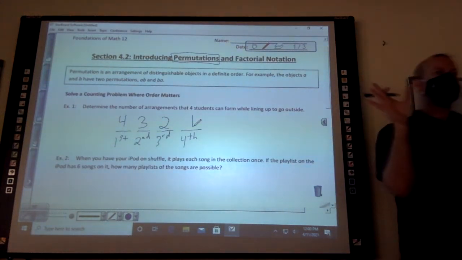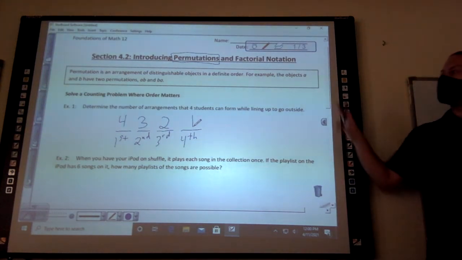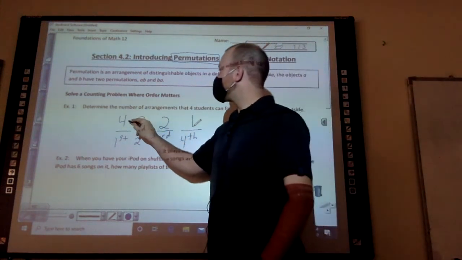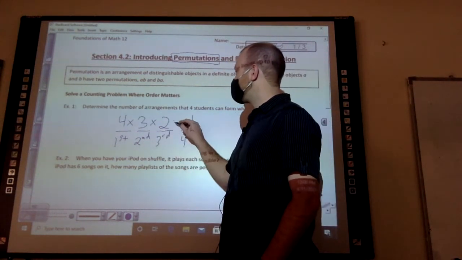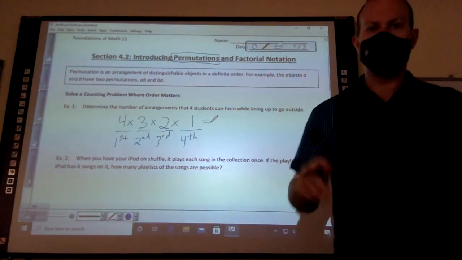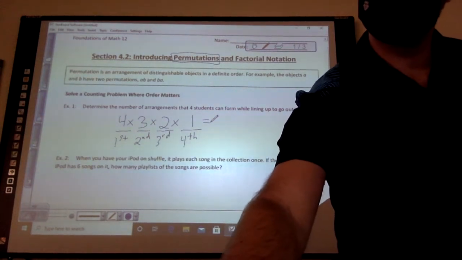And as I showed in 4.1, there's something called the fundamental counting principle. If this is the number of ways for each option, if I want the total number of ways, I just times these all together. It's 4 times 3, 12, 24, right? I have my set of notes here, just so I don't mess up.